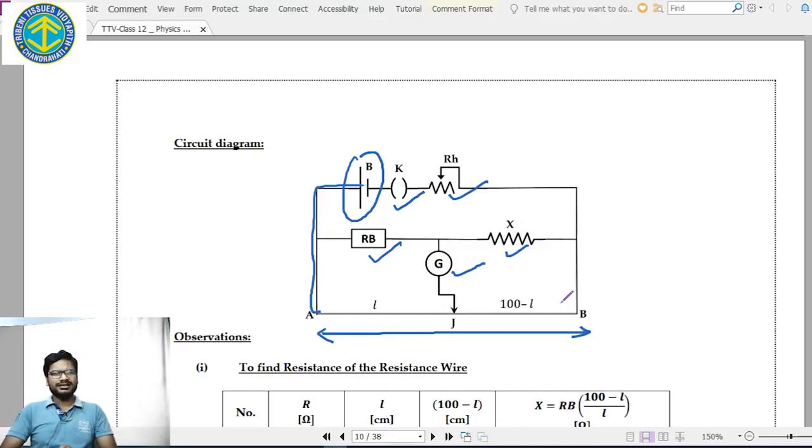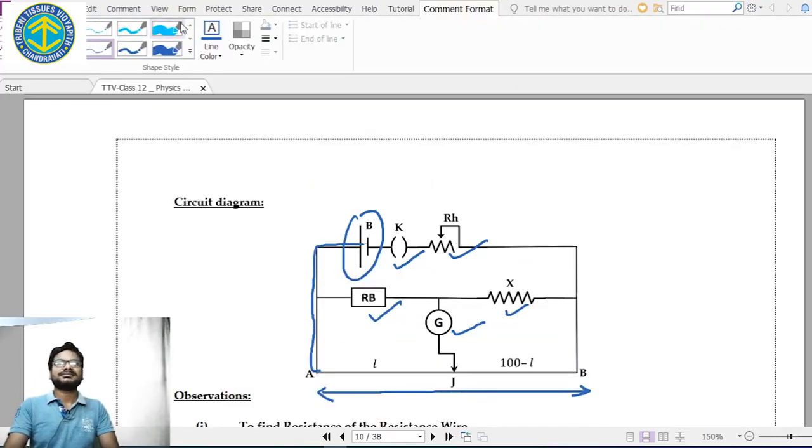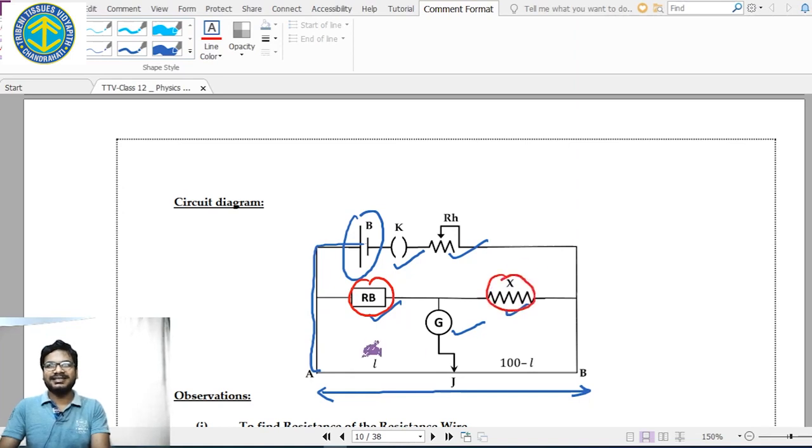Now the question is, on which principle does the meter bridge work? The meter bridge works on the principle of the Wheatstone bridge, as we know. There are a few things we need to know from here. First of all, this RB, this unknown resistance X, and this L and this 100 minus L, these four resistances make one Wheatstone bridge.